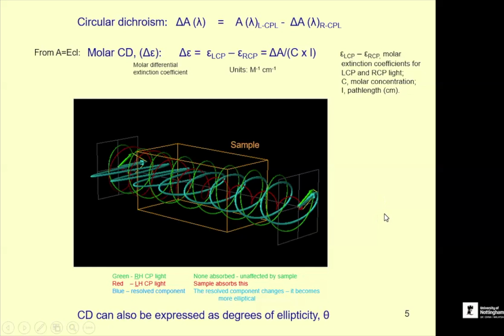And so you can express CD. Oh, sorry. How would you make like left-handed or right-handed? I used to have a slide to show this. So what you have is two sources of polarized light which are emitted at 90-degree differences in angle. And it's the resolved component of two light waves at 90-degree differences in angle.